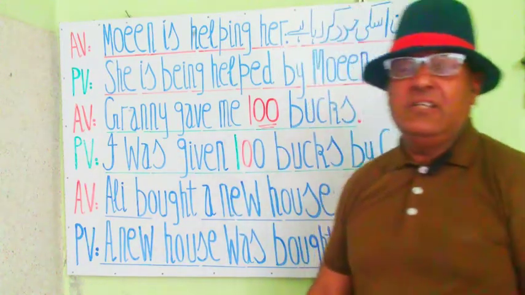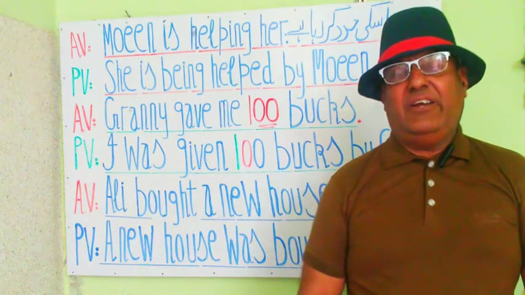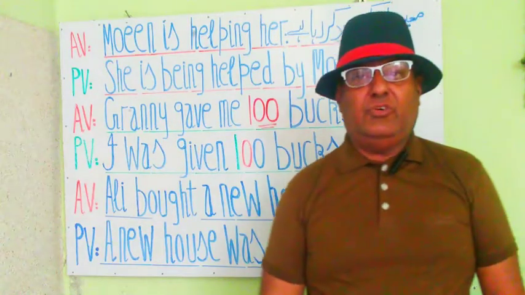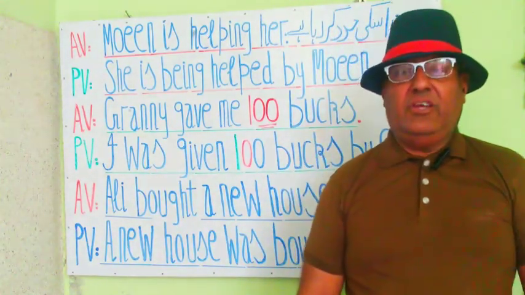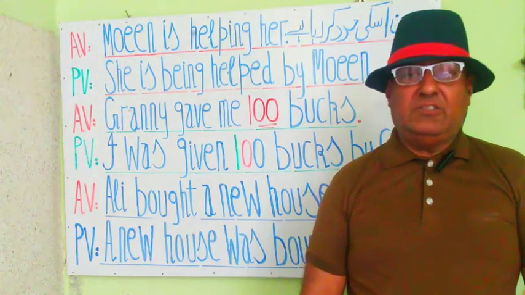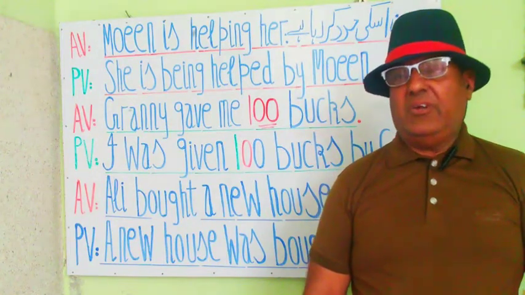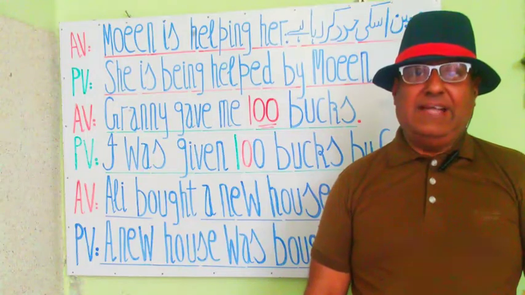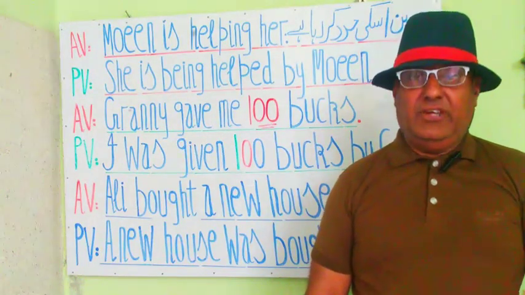Hey my students, you saw the active voice statement: Granny gave me 100 bucks. दादी अम्मा ने मुझे $100 दिए. When we change it into the passive, we have to make me the subject. The subjective form of me is I. After I, we write the first form of was because the subject is singular.